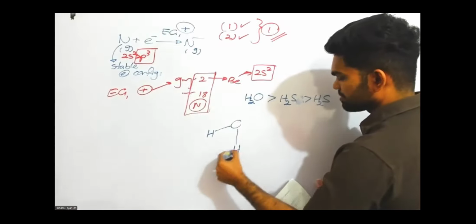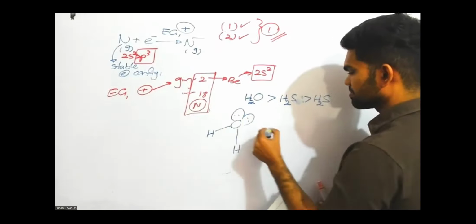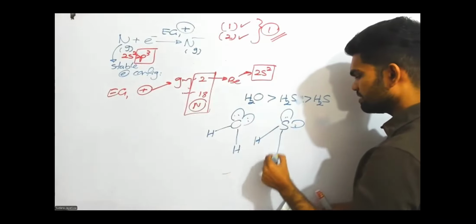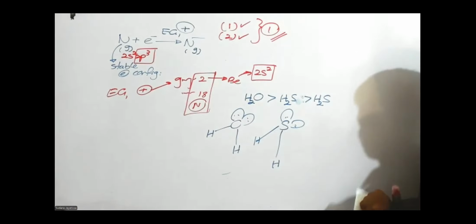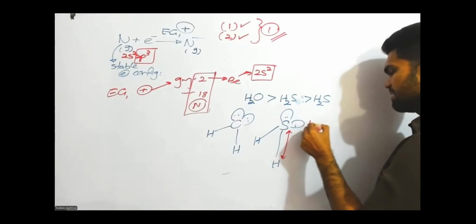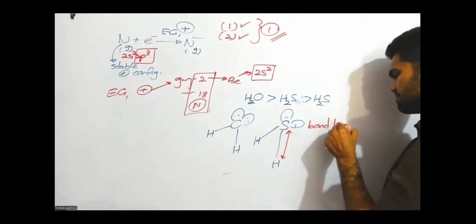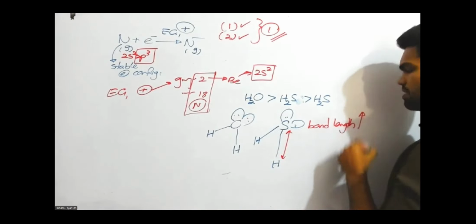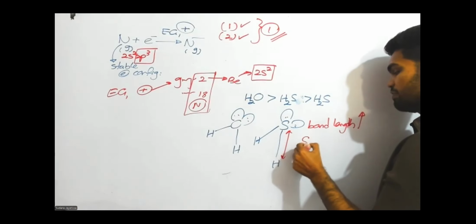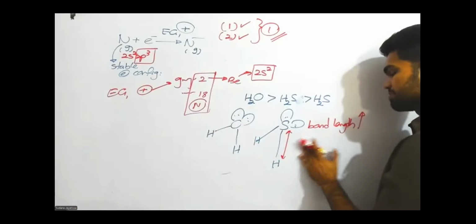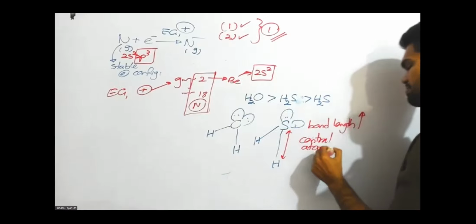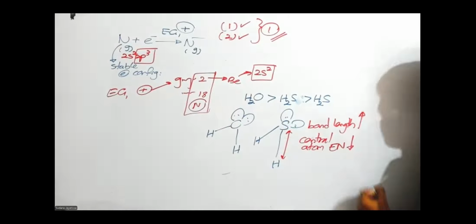This is H2O. And this is H2S. It's having longer bonds. So bond length is higher. Okay, for the H2S. And then sulfur electronegativity, central atom electronegativity is also lower.